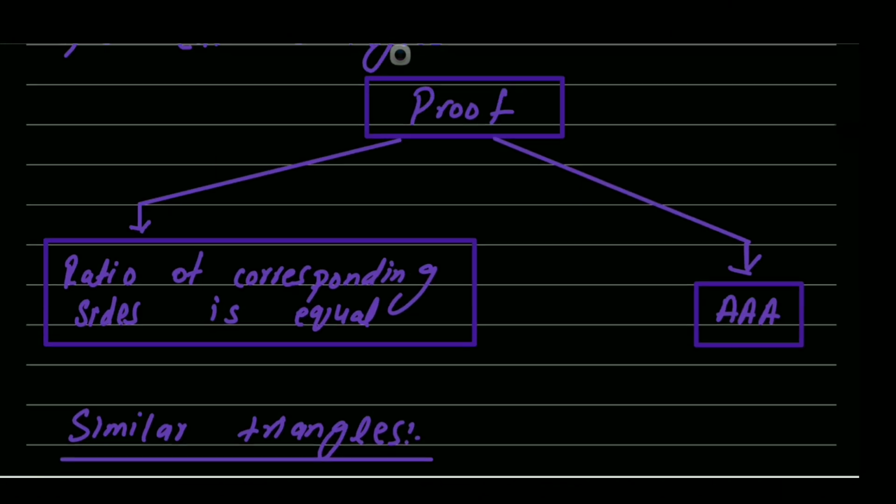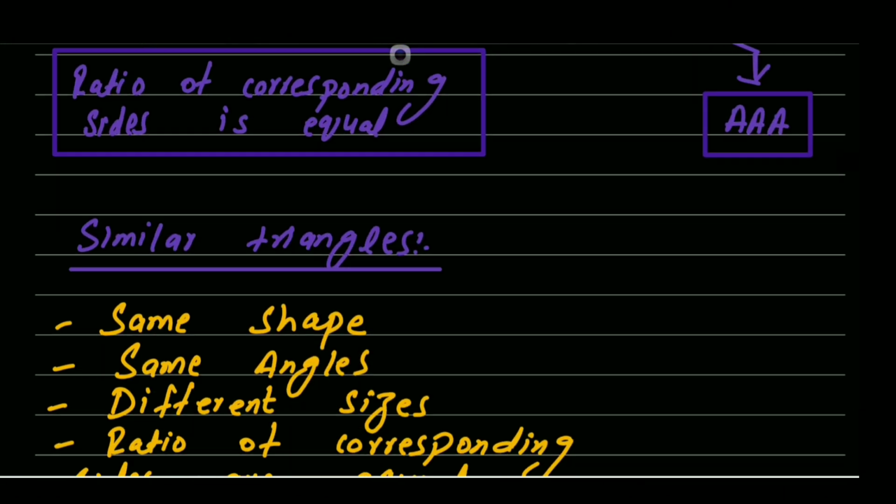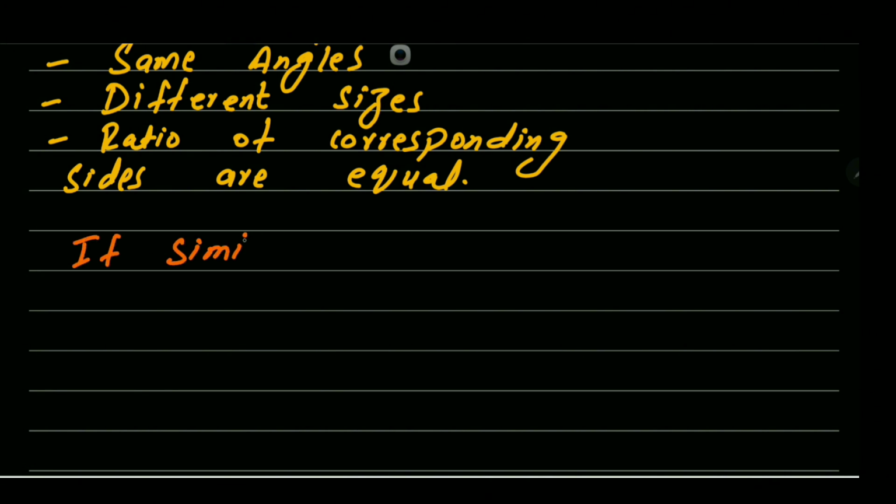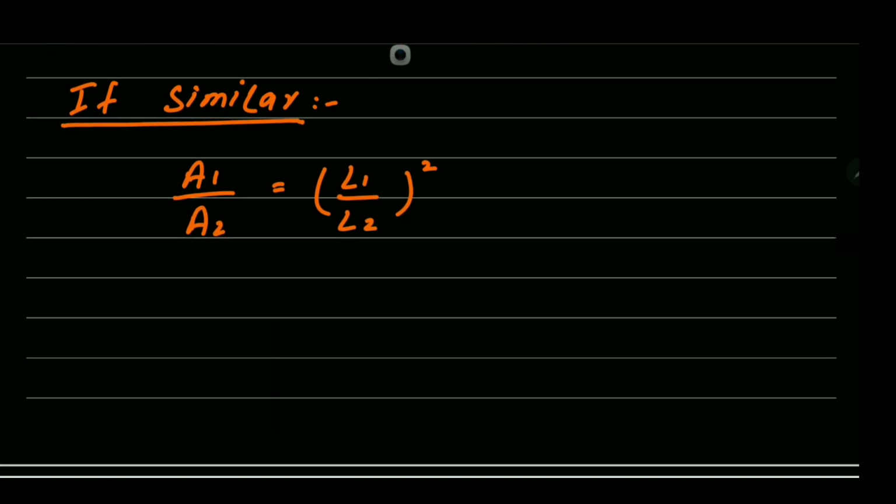Okay, so let's discuss now some formulas of similar triangles and similar shapes. So first of all, if triangles will be similar, then the formula will be A1 over A2 is equal to L1 over L2 whole square.